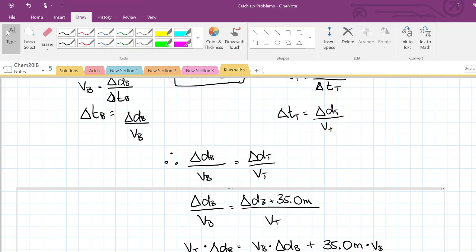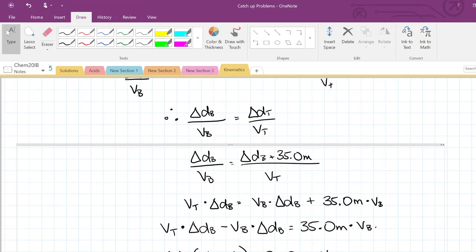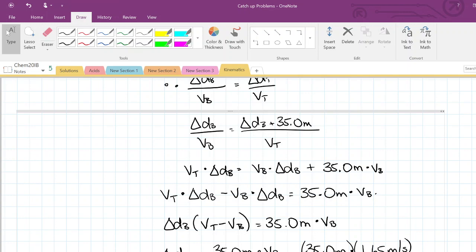So I'll multiply both sides by Tom's speed, and I'll multiply both sides by Bill's speed, which gives me speed Tom times total distance Bill equals speed Bill times total distance Bill plus 35 meters times speed Bill.